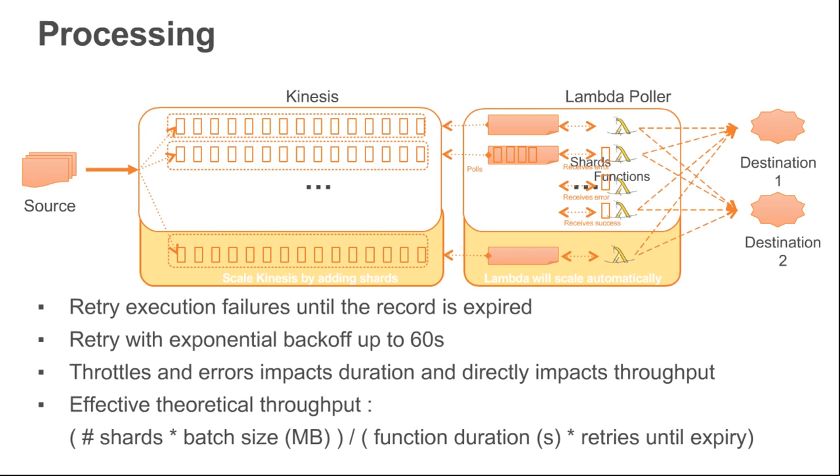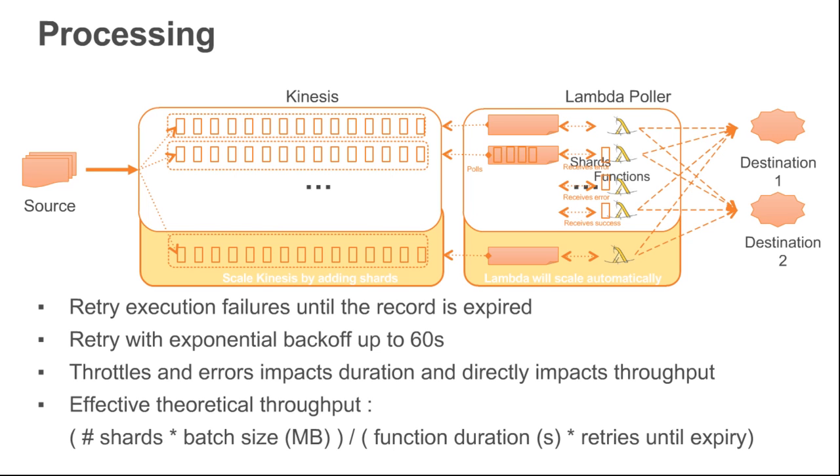In terms of errors, when the Lambda poller sees errors, we do retry the failures until the record is expired. There is exponential backoff and jitter in these retries. But what this really means is that any throttles and errors seen during the Lambda execution directly impact duration and throughput of your Kinesis processing.